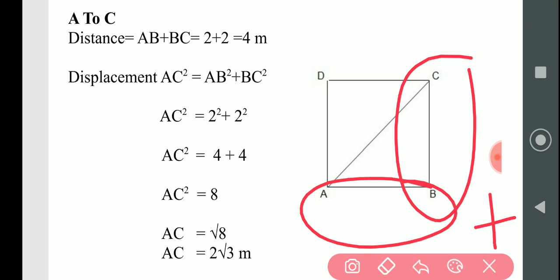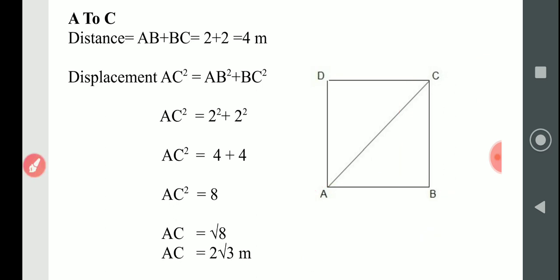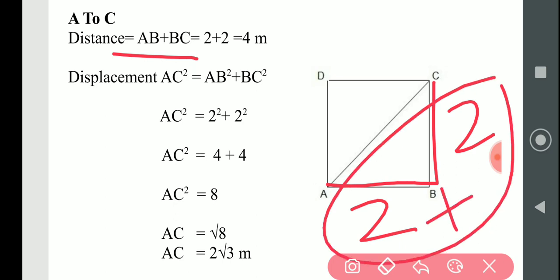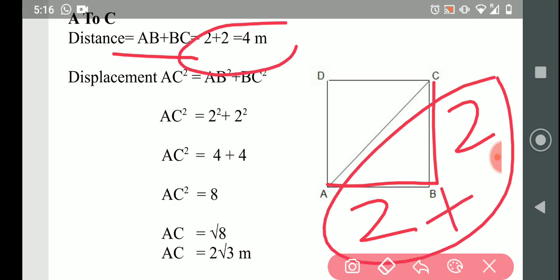So what is the distance between A and B? 2 meter. What is the distance between B and C? 2 meter. Therefore, what is the distance between A and C? 2 meter plus 2 meter, that is 4 meter.